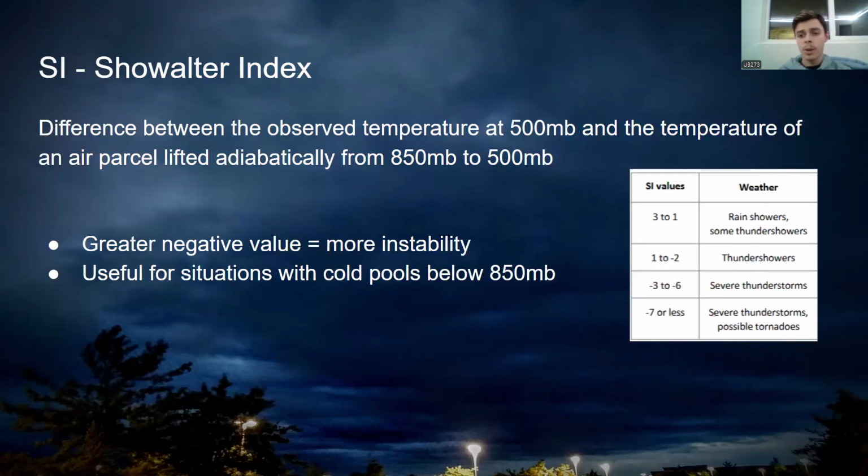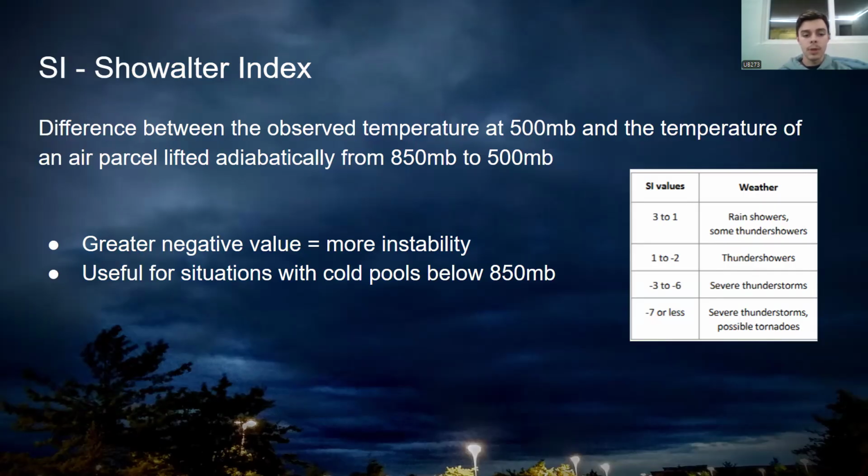Then the last thing we'll talk about is the Showalter index, SI. It's the difference between the observed temperature at 500 millibars and the temperature of an air parcel that's lifted adiabatically from 850 millibars to 500 millibars. The same as the other index, the greater negative value means more instability.